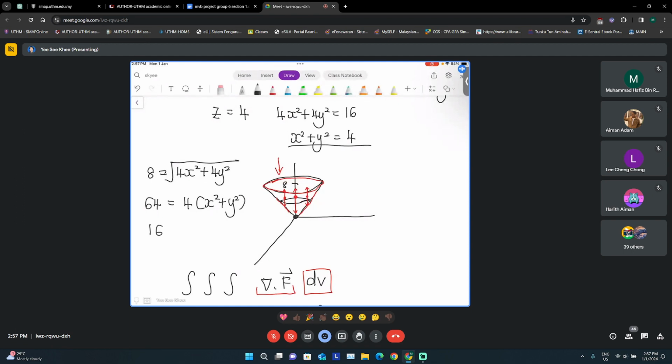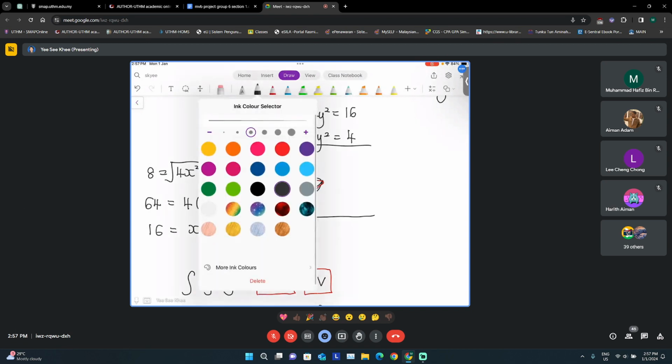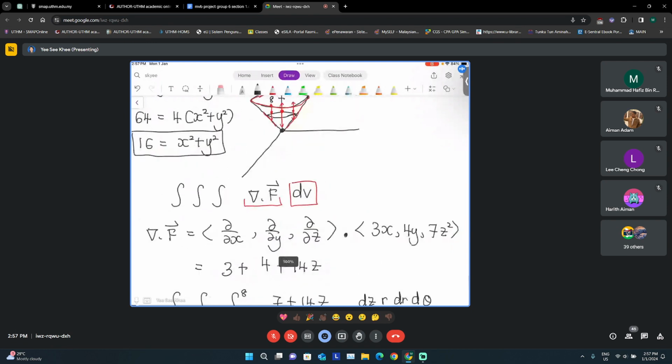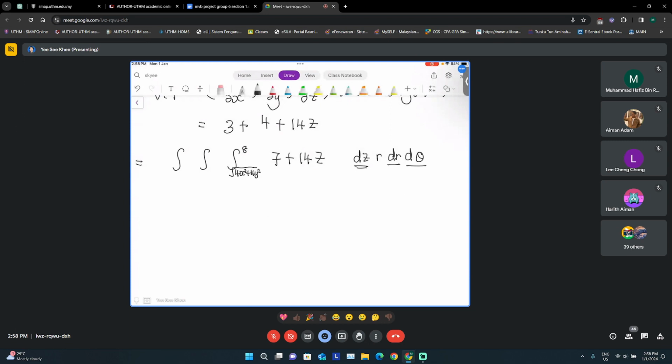So we get 16, and this is a circle that has a radius of 4. We can draw this. So dr will be from 0 to 4, and 0 to 2 pi for d theta.